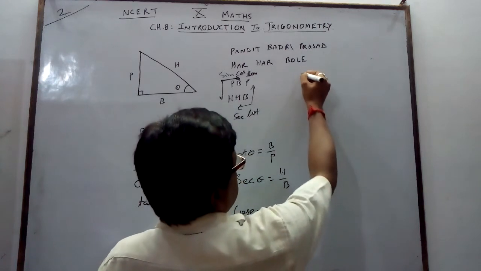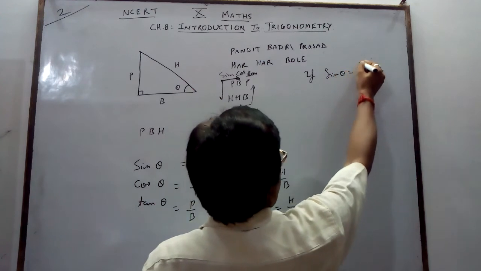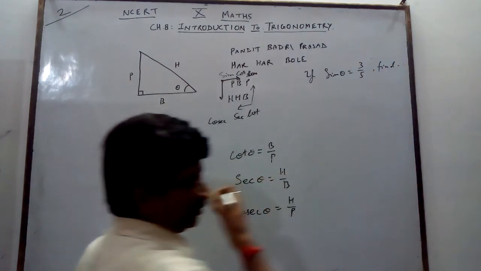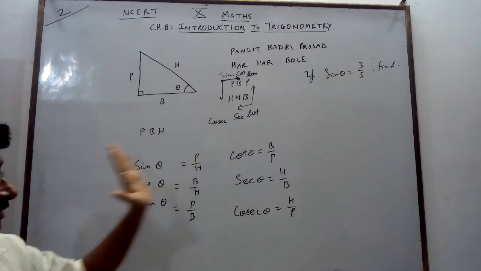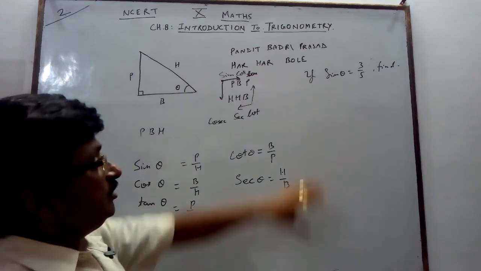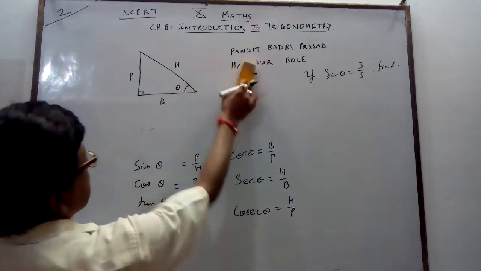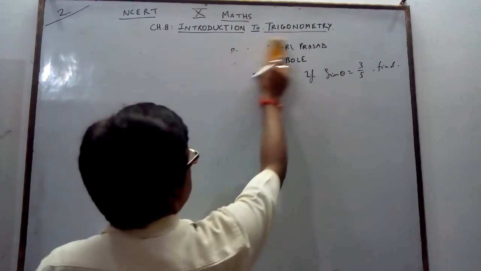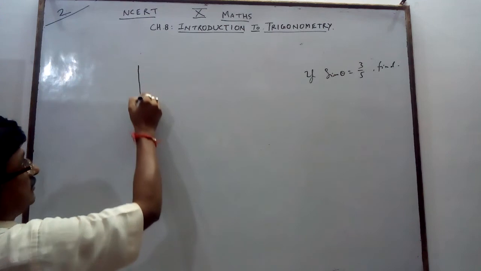Now take an example: if sin theta is equal to 3 upon 5, find all the other trigonometric ratios. How many trigonometric ratios in total? 3 plus 3: the basic ones are called primary, and the others secondary. First you will draw a right triangle, because P by H is sin theta. What is the meaning of 3 by 5?